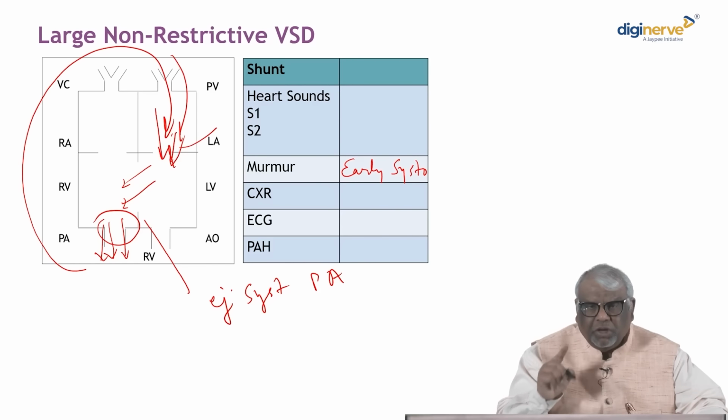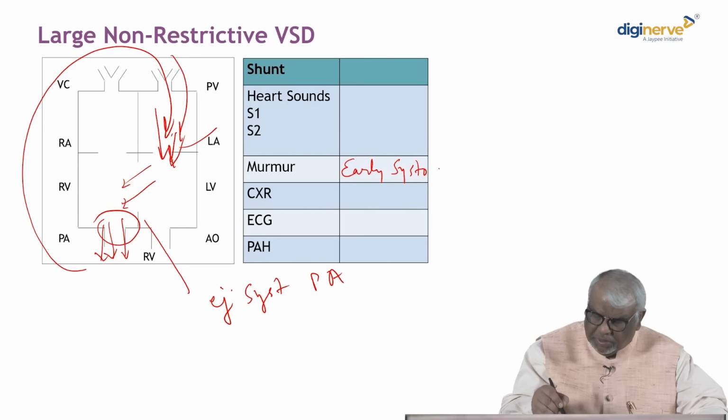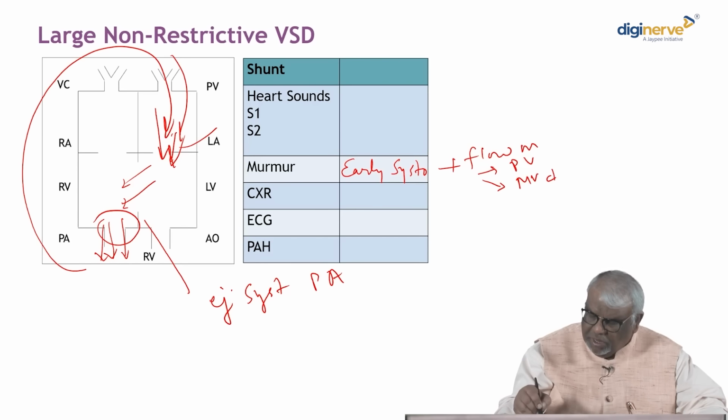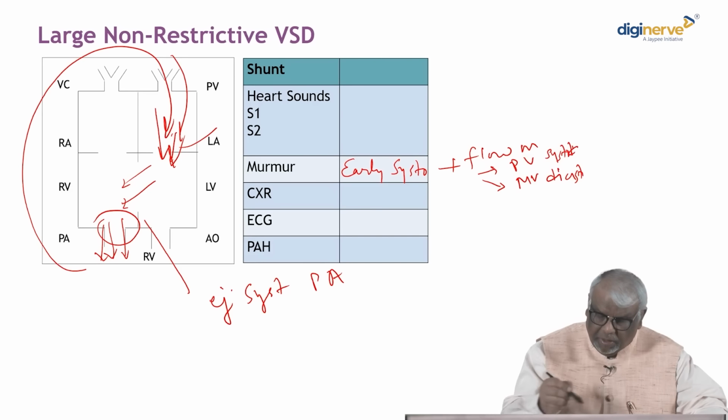So, these are the two functional additional murmurs, flow murmurs across the pulmonary valve and across the mitral valve. This one is a diastolic murmur and this is a systolic murmur across the pulmonary valve.